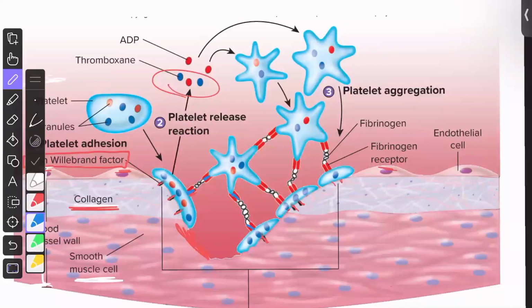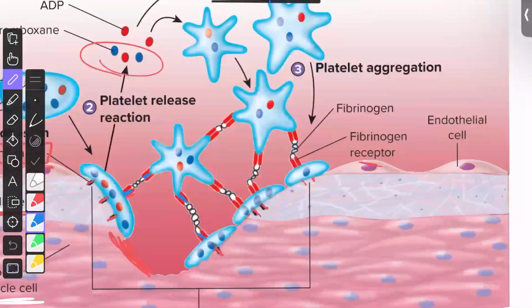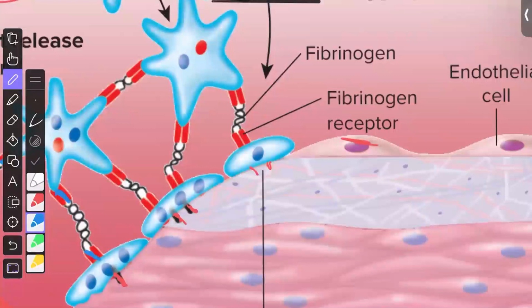So the thing I want you to notice here, because this is going to be important in a minute, is that on each platelet, I have these little structures that are fibrinogen receptors. Okay. And the thing that holds those two together is fibrinogen. Okay. Fibrinogen is going to become really important to us here in a few minutes.